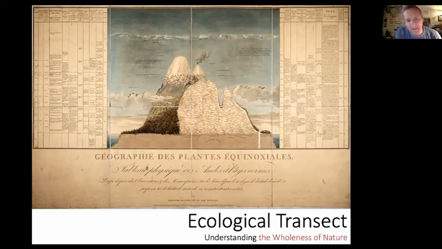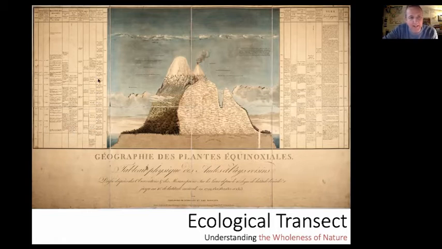And obviously the section is wildly exaggerated in terms of its vertical height, but it's not really supposed to be an accurate representation of the dimensions of the continent, but more a summary of the ecological diversity and the different habitats and systems that exist on the continent at this location.